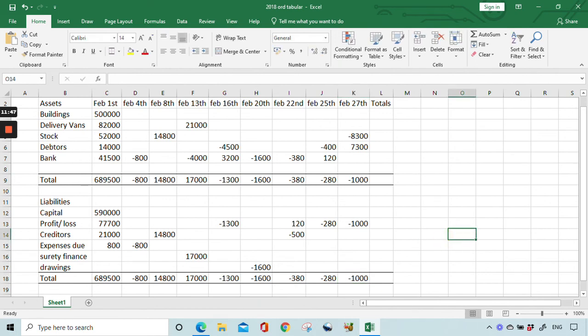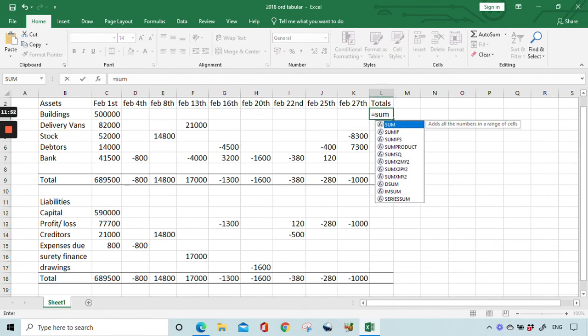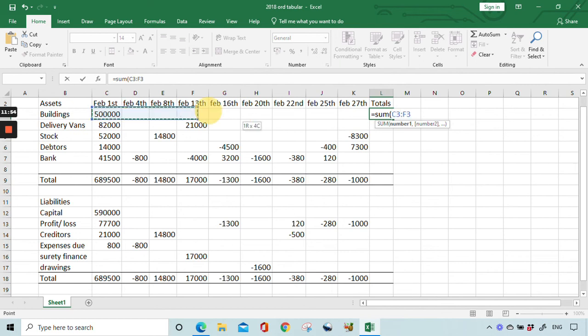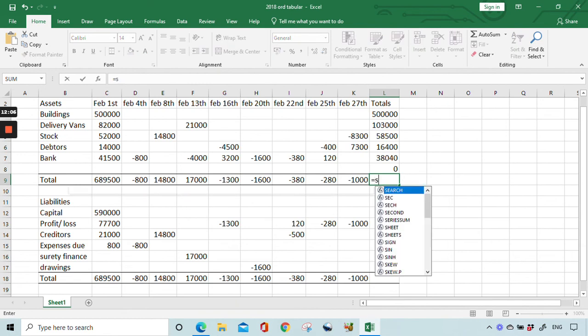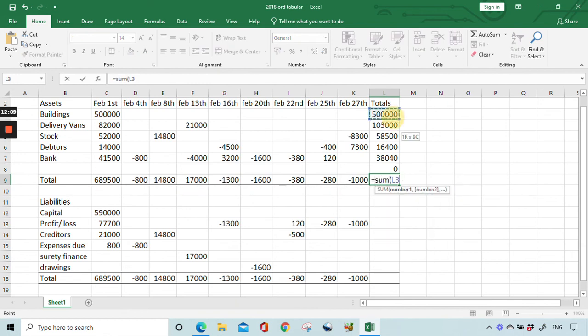Now all we're going to do is add up the totals column. That's very straightforward. Add up the sum of all the columns, and you get 715,940. We're hoping to get the same answer down here, so I'm just going to put that in yellow. I'm going to do the same for the liabilities.